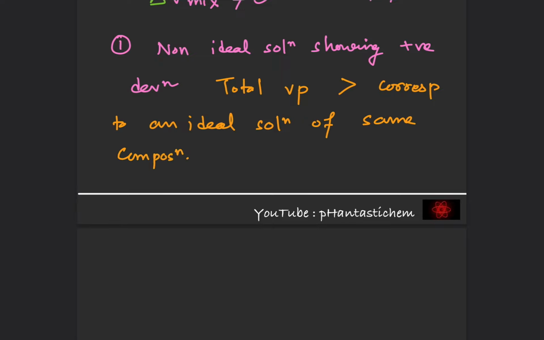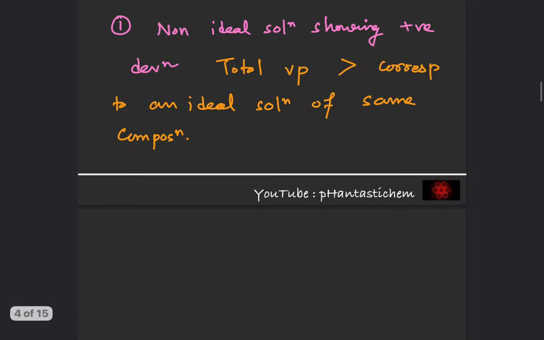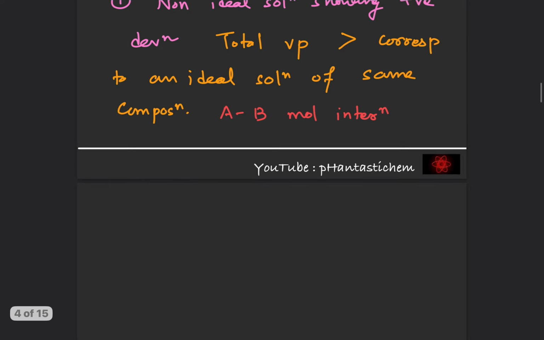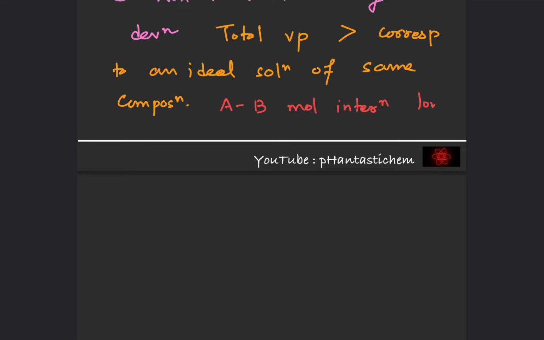Okay, so this is happening because the AB intermolecular interactions are lower than AA or BB molecular interactions. Okay, the reason for this behavior is that the strength of AB molecular interactions is lower than AA or BB molecular interactions.